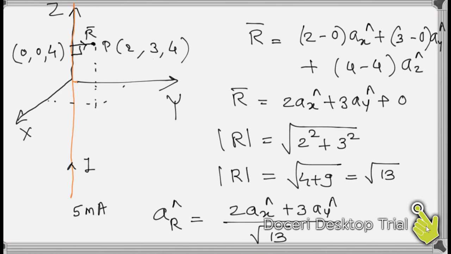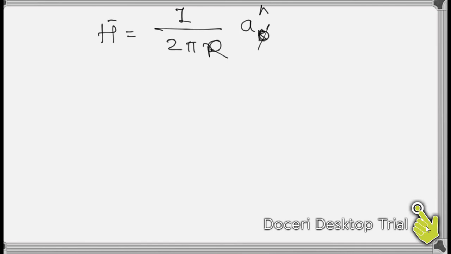Now, what is the equation? H is equal to I upon 2 pi into R, or let us call it capital R, into a phi cap, right? And what is a phi cap? It is aL cap cross aR cap. Remember, this is a very important thing.